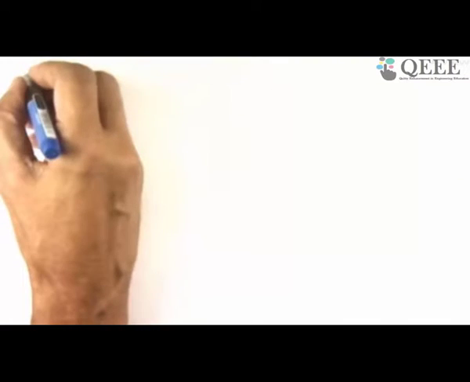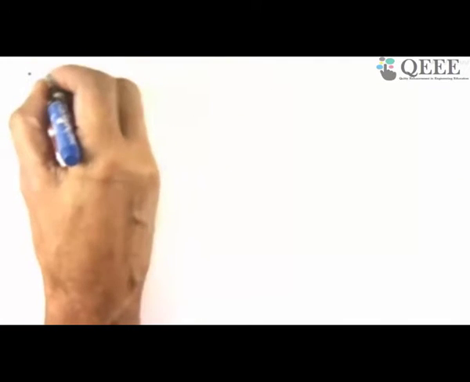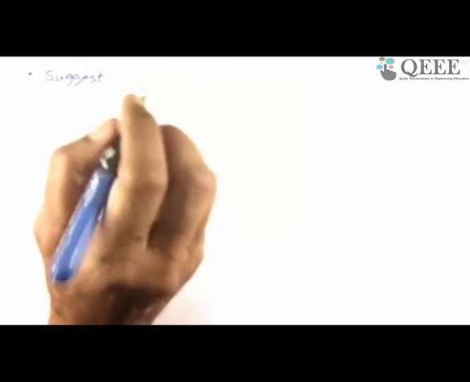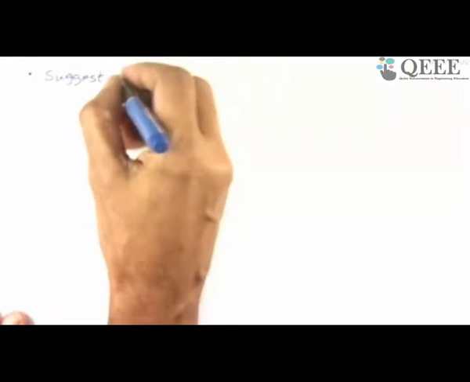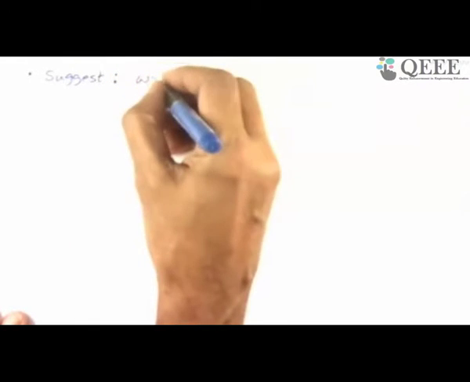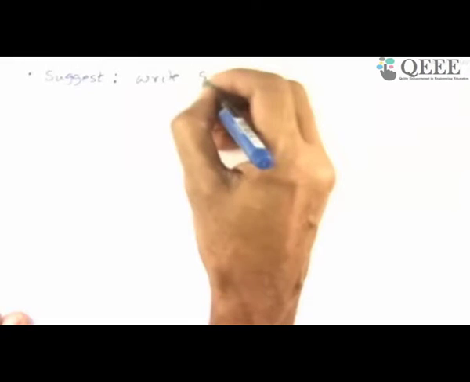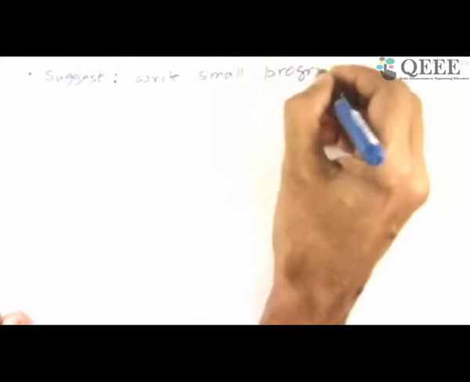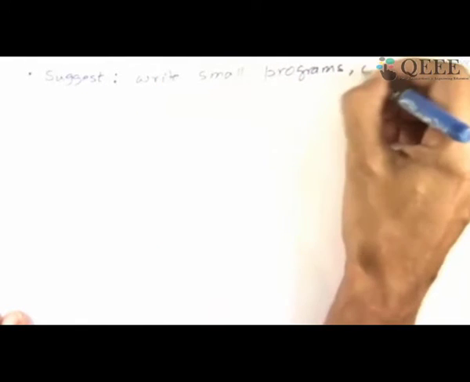This will be a somewhat English language kind of description, but I'll suggest, as I've told you earlier, compiler is not a theoretical course, it's a very practical thing. So my suggestion is that write small programs, maybe one feature at a time. If you want to write in C, please write in C. Okay.